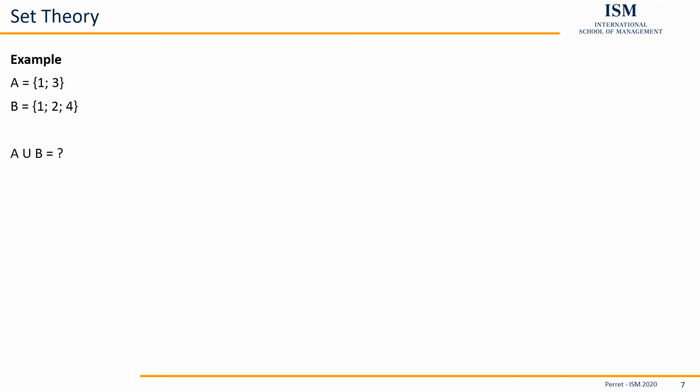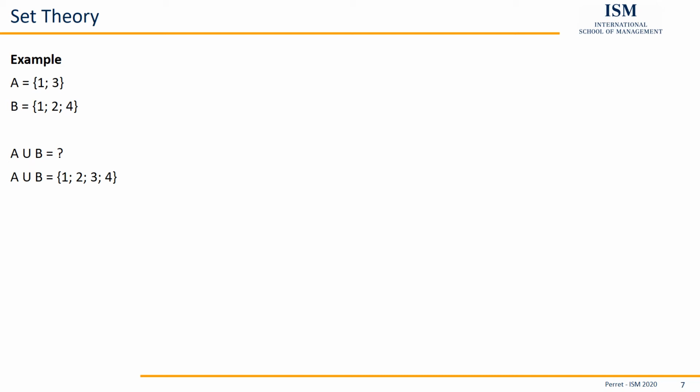Then in B we have the 2. In A we have the 3, and in B we have the 4. So we have the elements 1, 2, 3, and 4. But, as I said, only one 1. And this looks as here: 1, then the 2, 3, and 4.